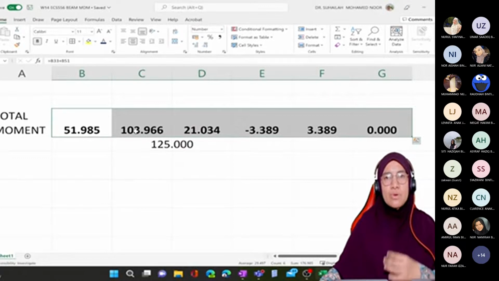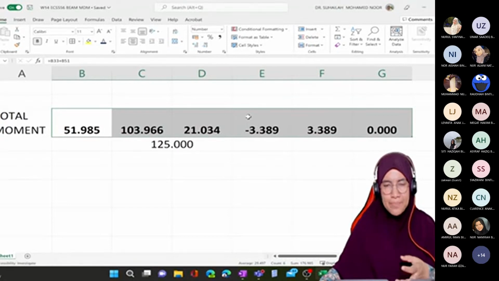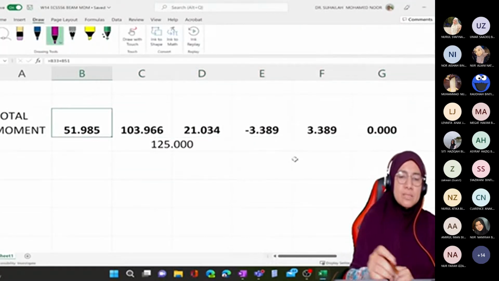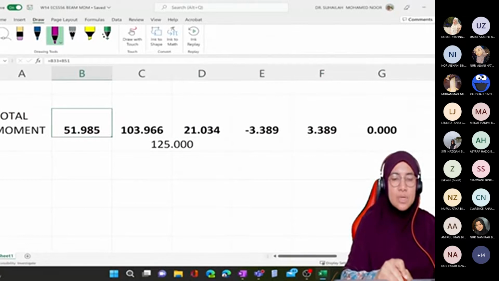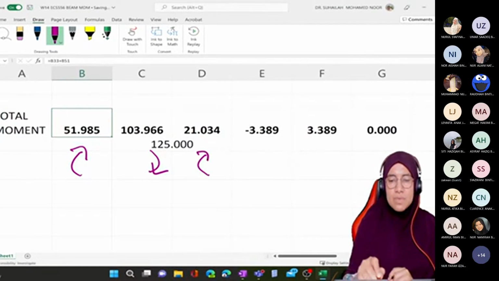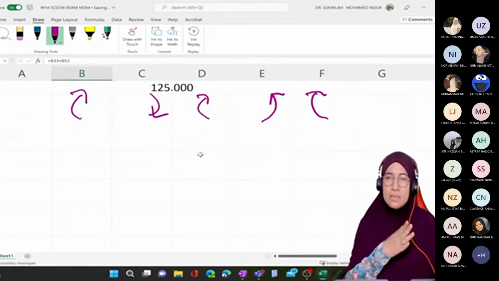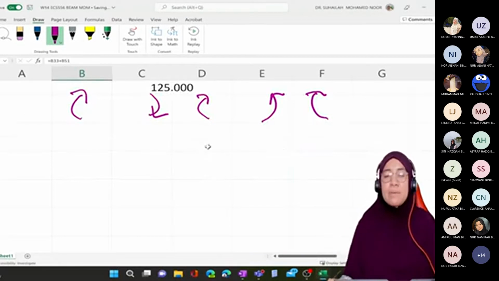And if we want to continue to draw the diagram, as I mentioned, the diagram can be drawn directly. Okay, we can sketch the moment diagram, but we do not know the maximum moment until we draw the shear force diagram. So if we want to sketch that, it is positive, negative, positive, zero. So we can sketch the first point and last point for each member.